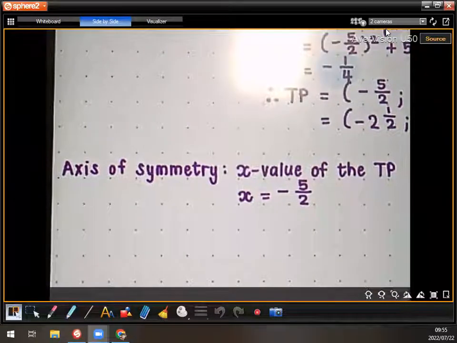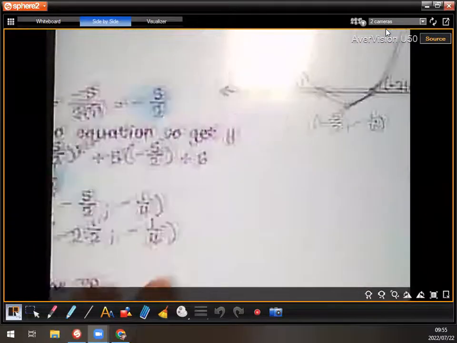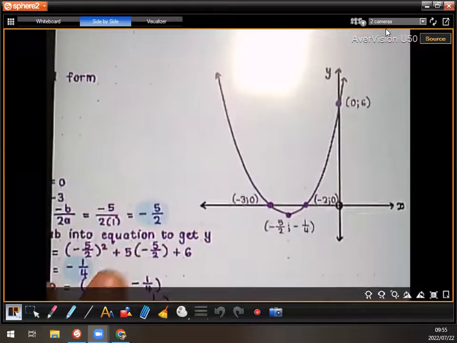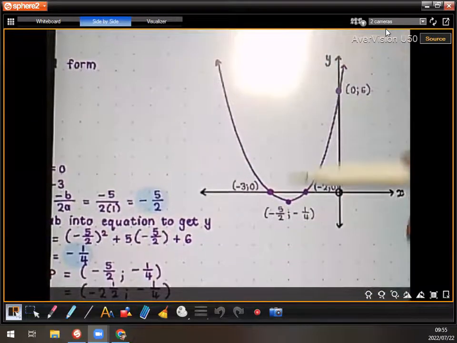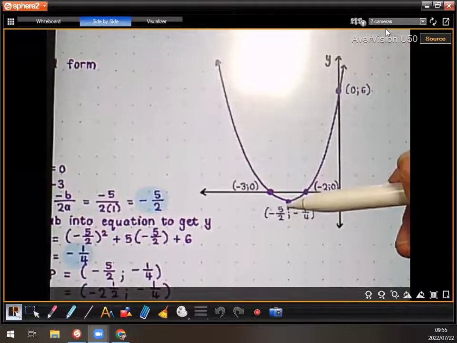We're going to write x equals, and then the x value of the turning point. We're also going to draw it in on the graph. So I would like you to take your ruler and draw a dotted line going through your turning point, all the way up and all the way down. It is literally going to be a straight line. You can make it dotted. I'll do that now.